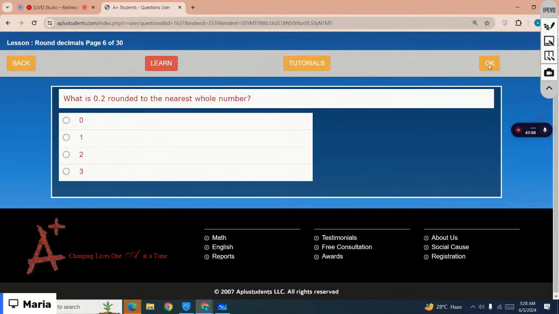The correct option is 0, right? Because the number right after the decimal point is less than 5, so you need to round on the same decimal, so it would be rounded off to 0.